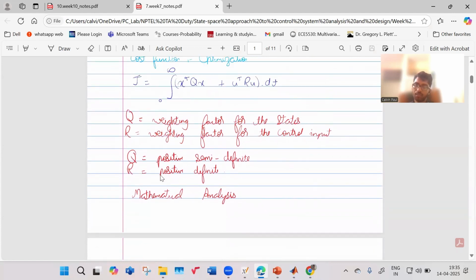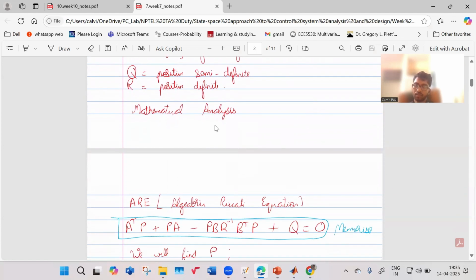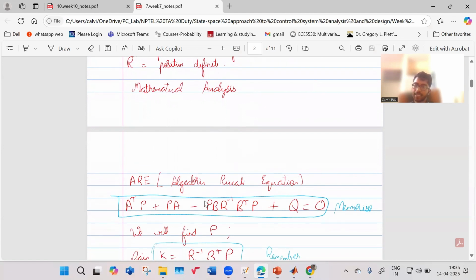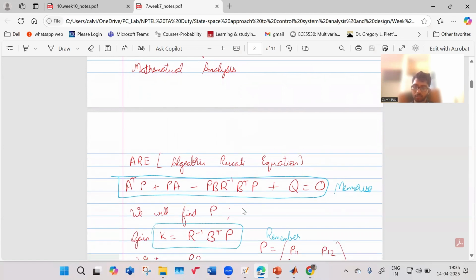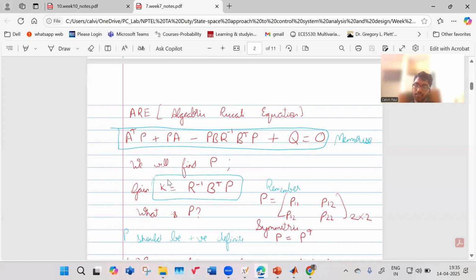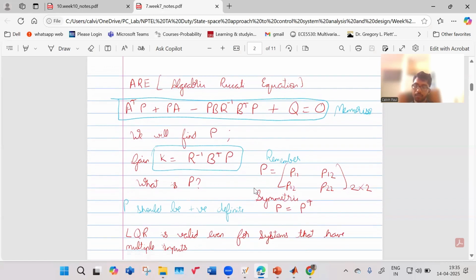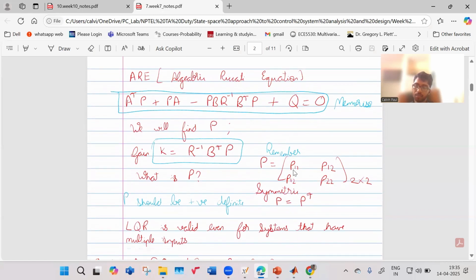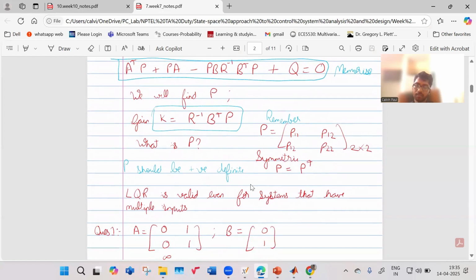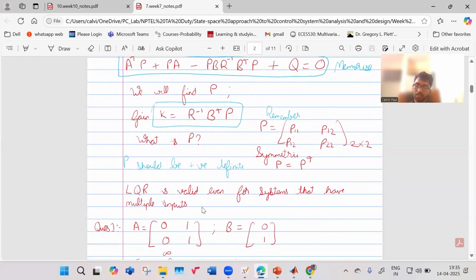Q should be positive semi-definite, R should be positive definite. This mathematical analysis finally ends up in an algebraic Riccati equation: A transpose P plus PA minus PB R inverse B transpose P plus Q equals 0. Then we find P, then we get K equal to R inverse B transpose P. Remember P is a positive definite matrix, so it must be symmetric.